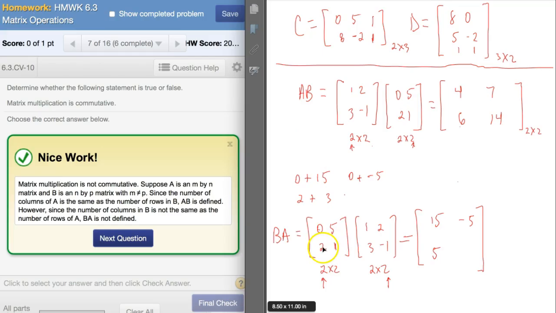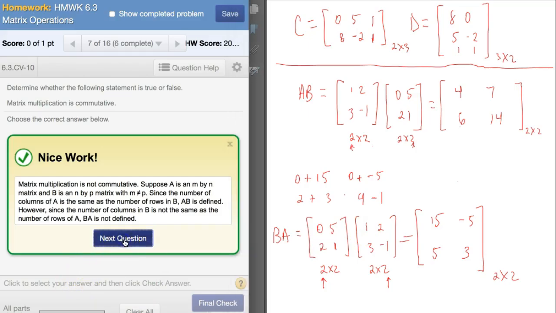And here, for row 2, column 2, 2 times 2 is 4, and 1 times a -1 is a -1. So that gives us 3. And as you see, although these two are both 2 by 2 matrices, A times B is not the same as B times A. So let's go ahead and move on to the next question.